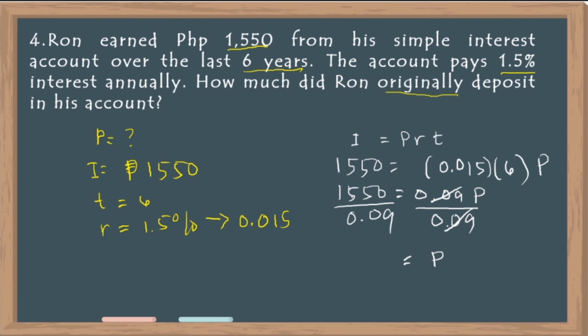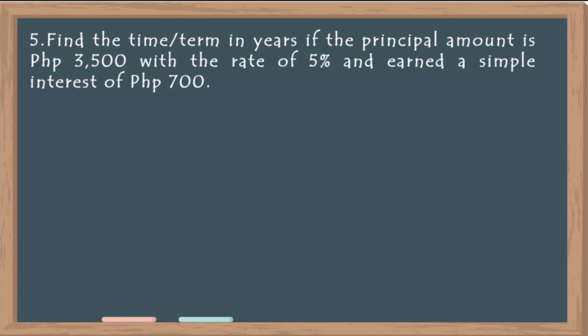Now, pag dinivide natin to, that is equal to 17,222.22 pesos. That's our principal amount. So, I hope naintindihan. Next, let's proceed to our last problem.